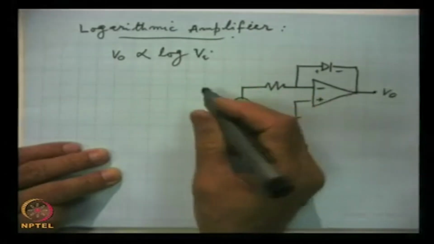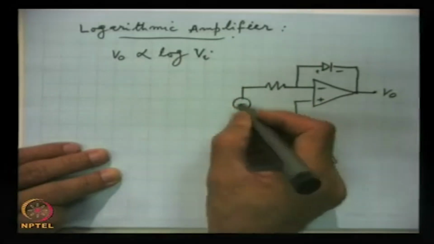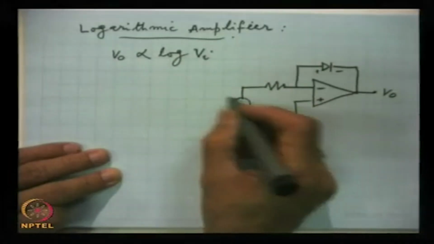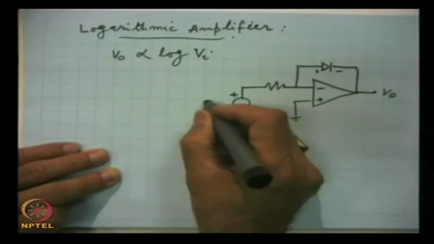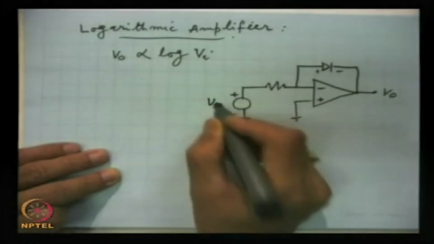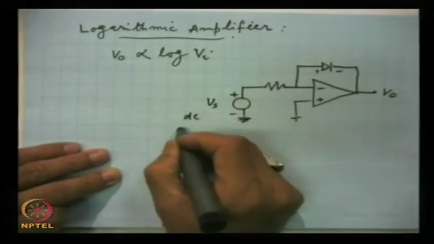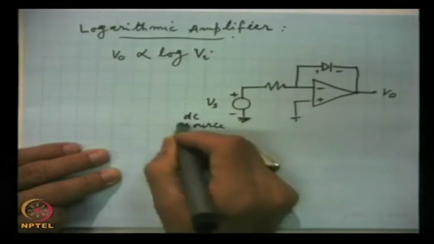Vout, and this is a DC voltage, Vs, DC source.